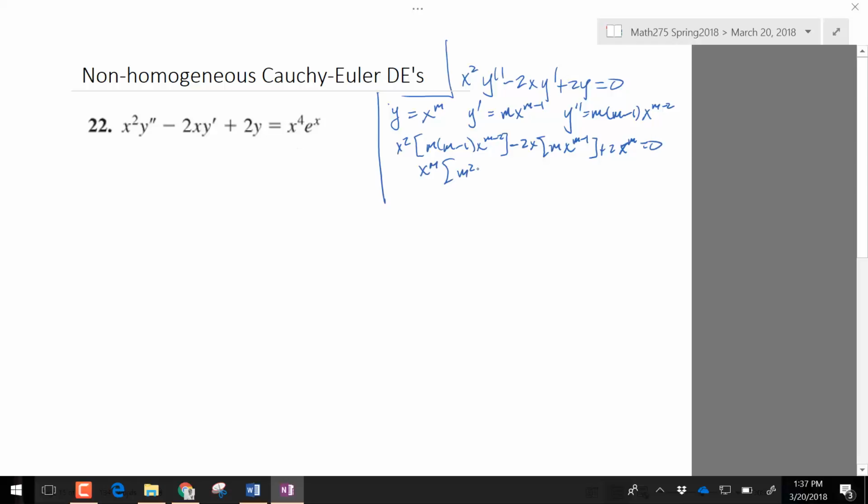So we're going to get m squared minus m minus 2m plus 2. That would be 3 in the middle, right? M squared minus 3m plus 2. Is it a repeated root? No. So m minus 2 and m minus 1.